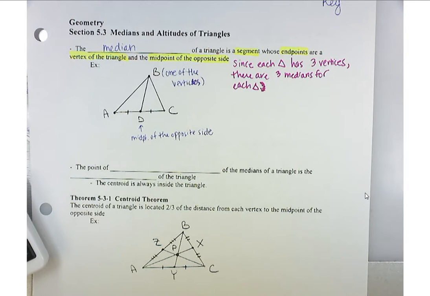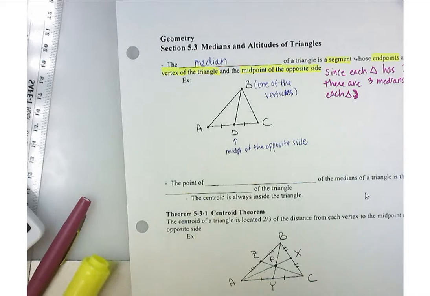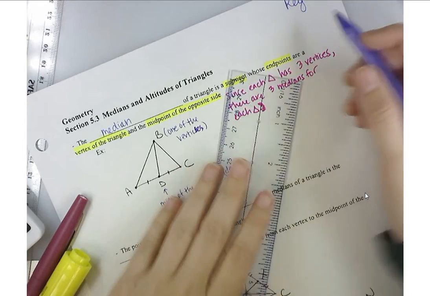So we're actually going to draw our own triangle, and we're going to put in all 3 medians. I like to draw mine with a straight edge, but you don't have to.